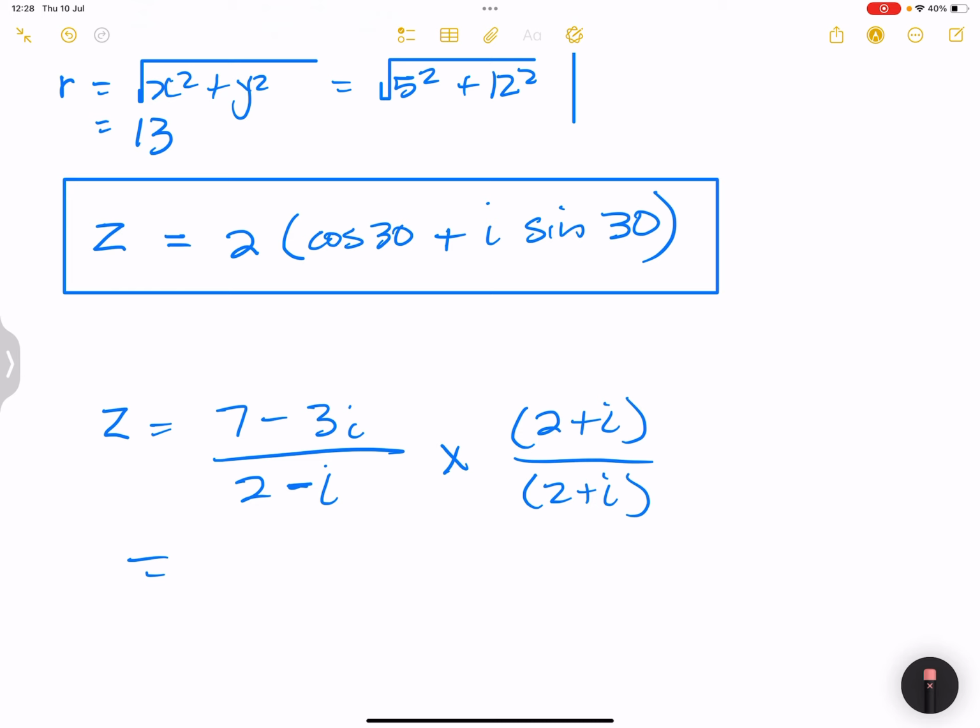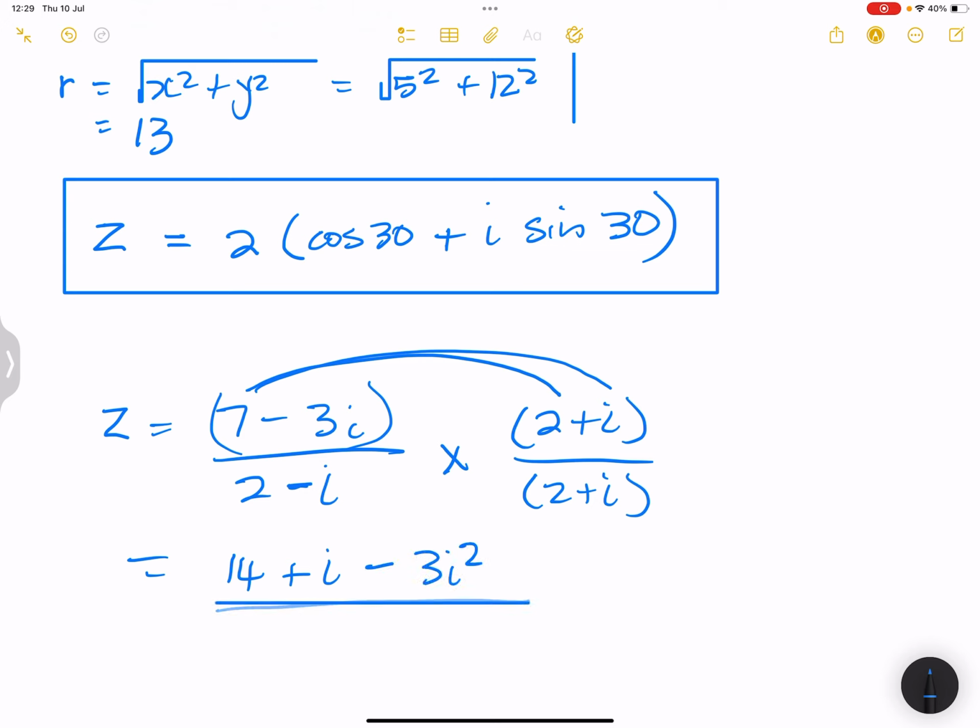And so in this case, what do we end up with? We've got 7 times 2, that's 14. We've got 7 times i, that's going to be 7i, minus 6i, that gives us plus i. You can work it out for yourself, just multiply the two brackets together. And then this is going to be minus 3i squared.